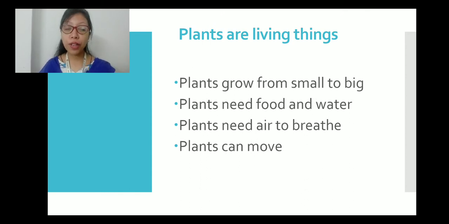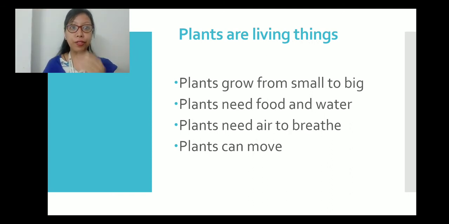Next is whether plants are living things or non-living things. We have already discussed in our previous chapters that living things can grow. Living things need food and water. Living things need air. Living things can move, right? Do all these things belong to plants? Yes. So plants are living things because plants grow from small to big.